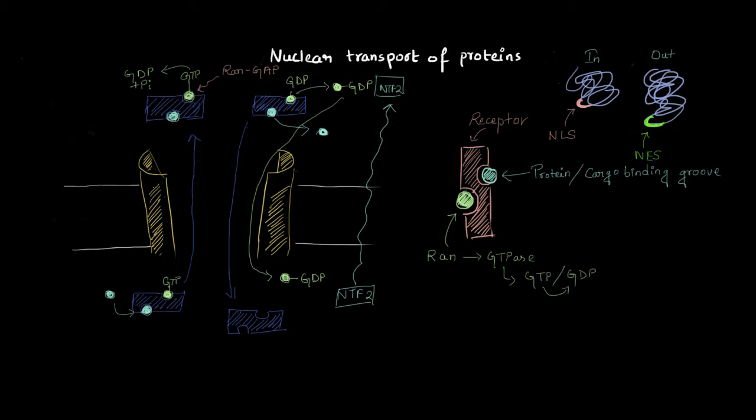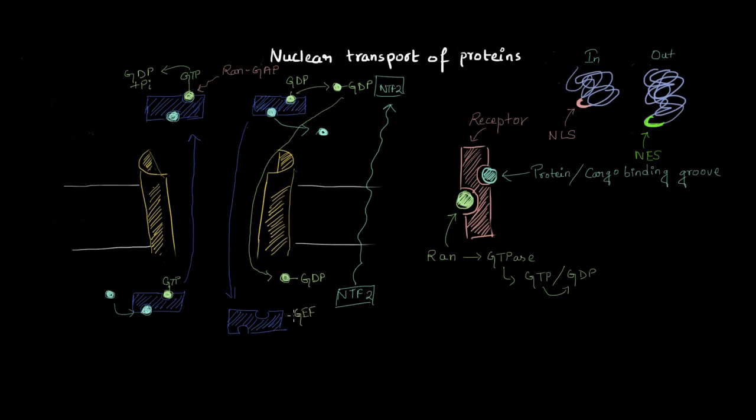So again, the same thing happens like in case of the importin or the import receptor. What happened? This RAN GDP would be changed to RAN GTP by the action of a protein called GEF or RAN GEF.